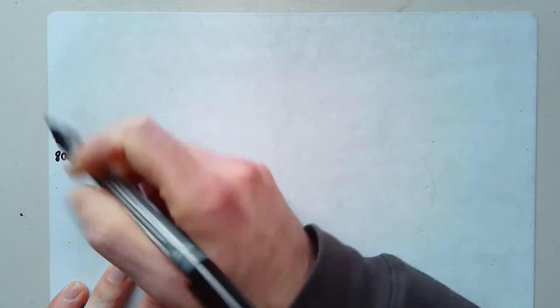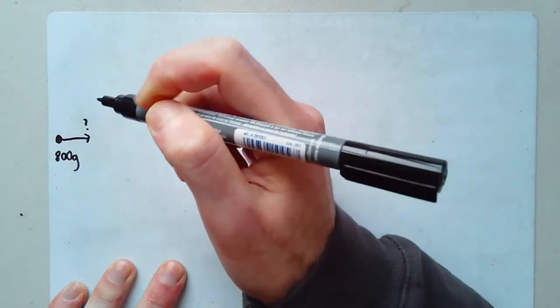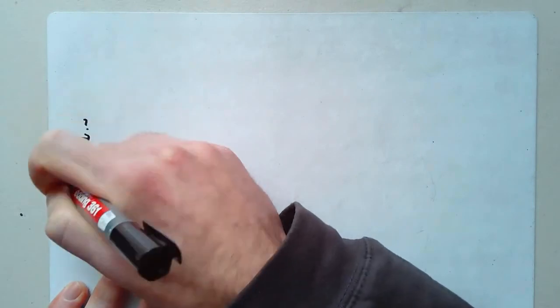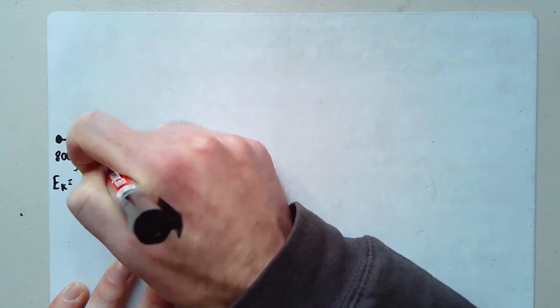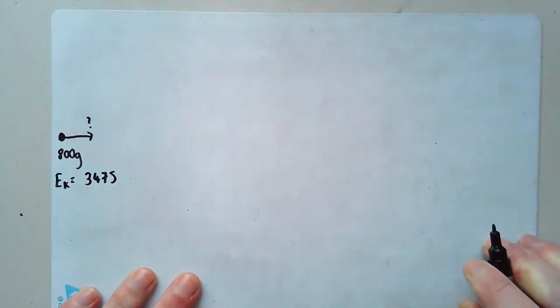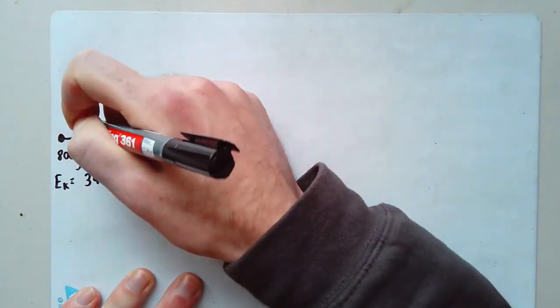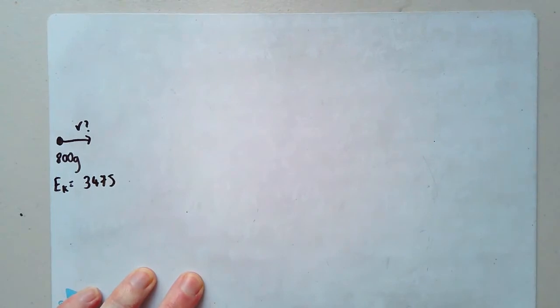I don't know how fast it's going, but I do know that its energy is 347 joules. What I'd like you to do is pause the video and try and work out what is V, and then when you're ready, play it again and I will run through the steps.